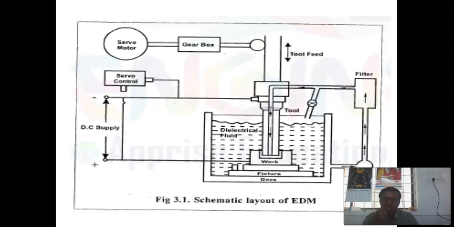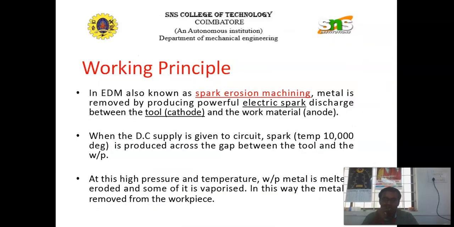This is also another diagram of the electrical discharge machining process. Here we are going to discuss the working principle. EDM is also known as the spark erosion machining process. Metal is removed by producing a powerful electric spark discharge between the tool and the workpiece material. As I already mentioned, the tool acts as a cathode and the workpiece material acts as the anode.